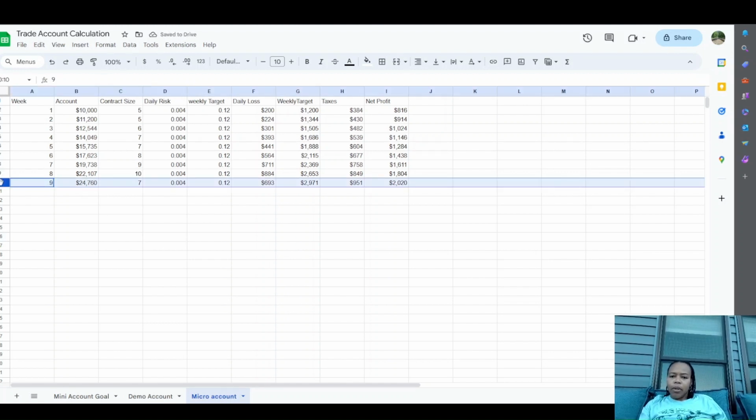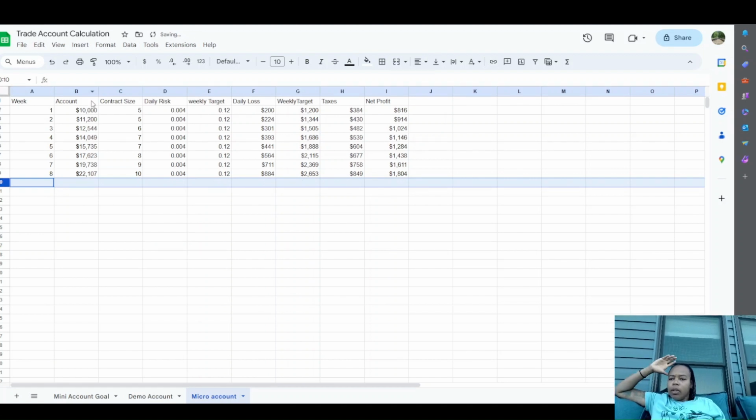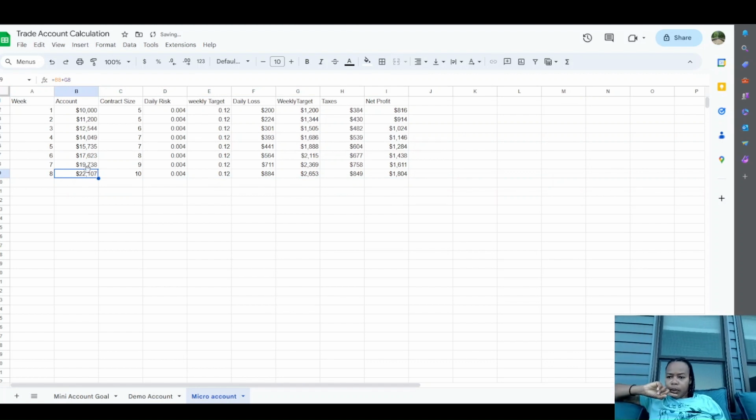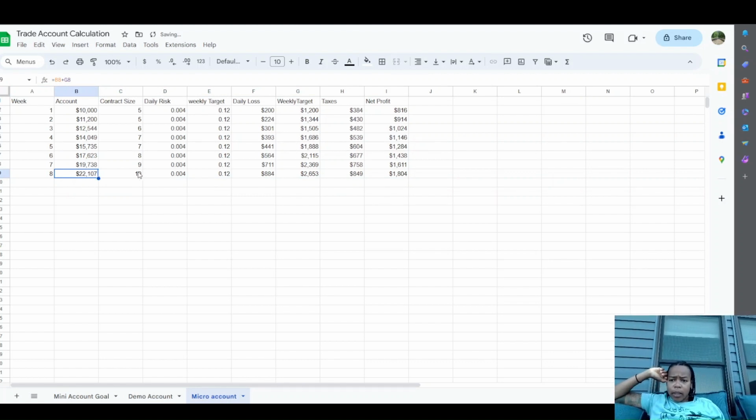So what I plan on doing is, once we get to this amount, we switch to 1 mini at 22, once we get to this 10 contract micro.